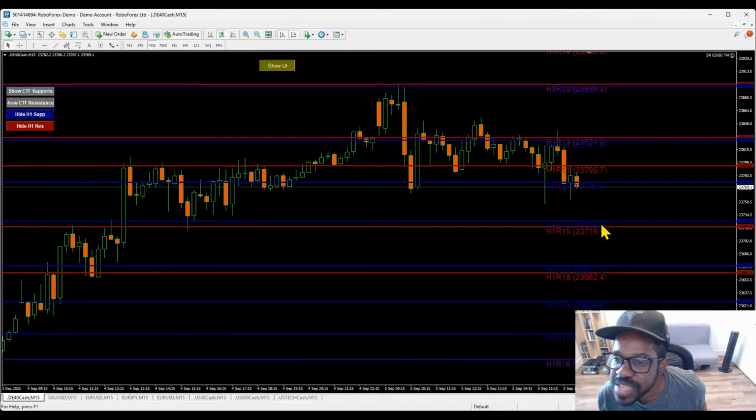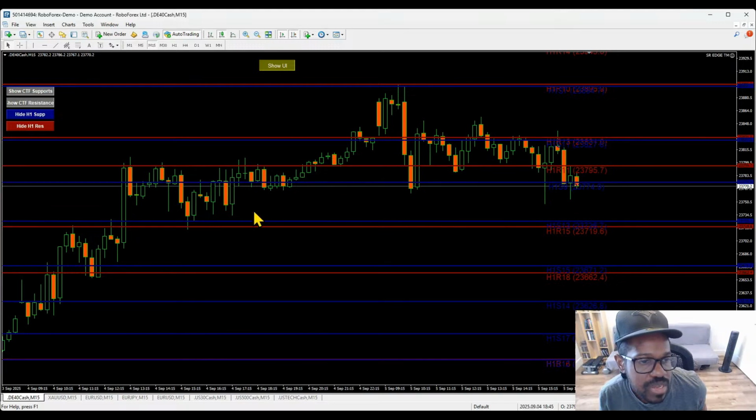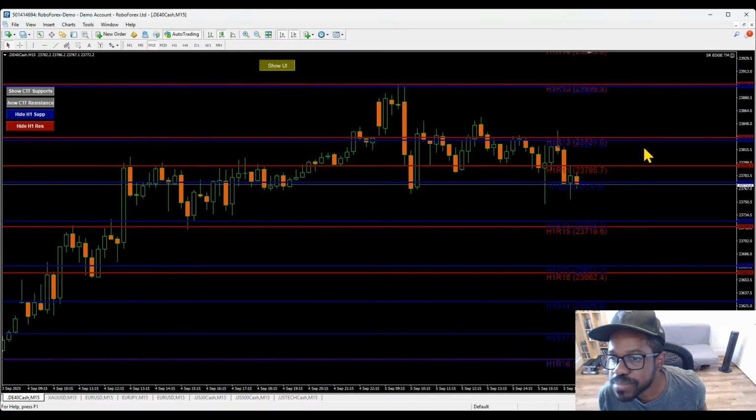And we have the next level here that could be important of German. So if you're looking to take profit, that'll be a good zone to take profit here. That's a previous resistance, a support zone. That was a previous bullish fair value gap.